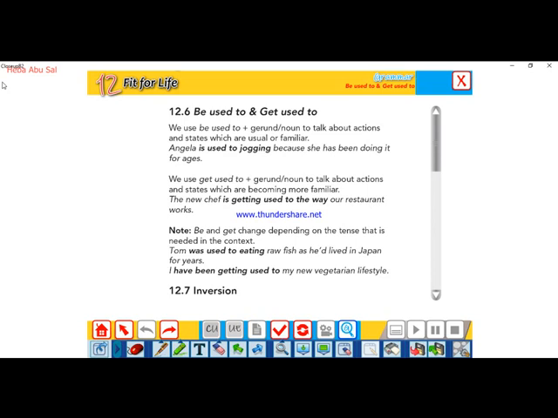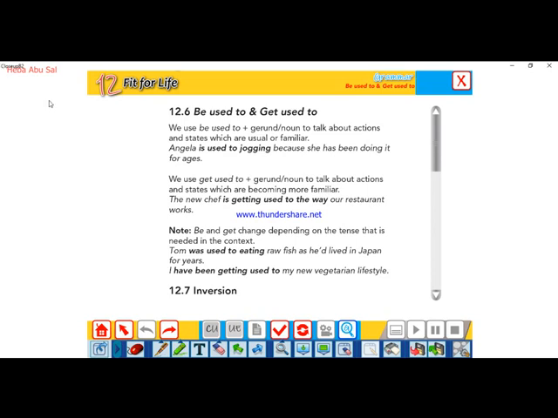If you remember used to, for example, you say, when I was 13 years old, I used to ride a bike, but now I drive a car. So you know that this habit or action, you stopped doing it from the past and now you do not do it, and this is different from be used to and get used to.